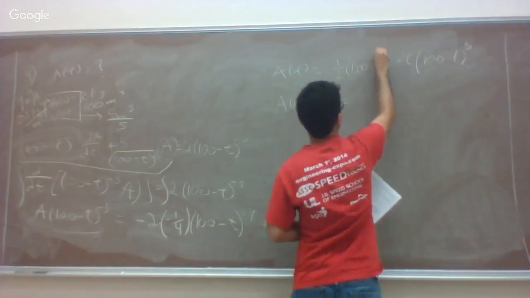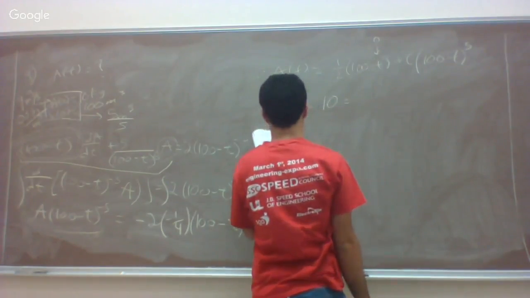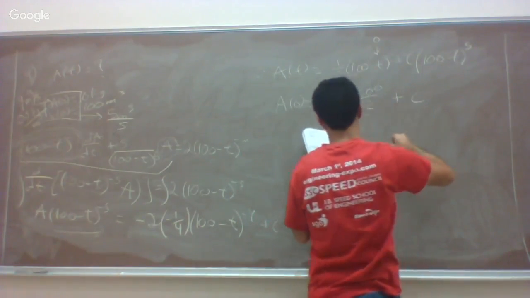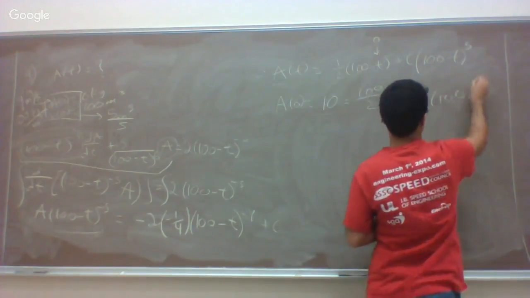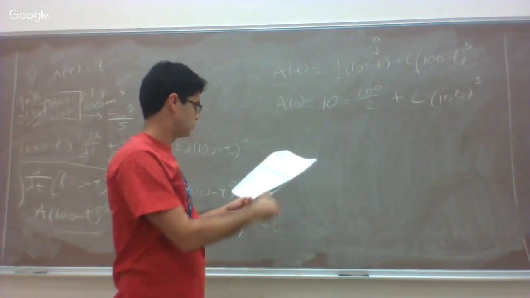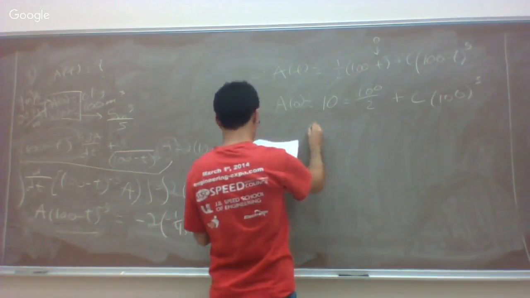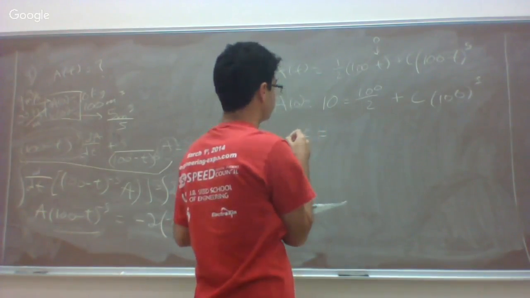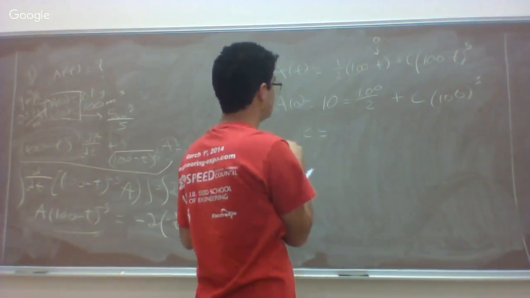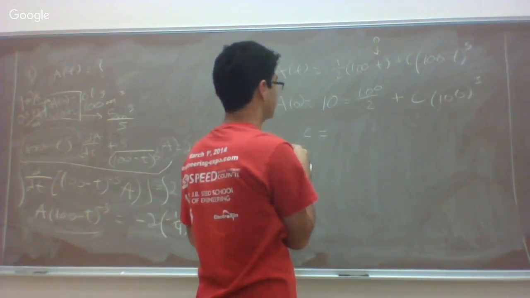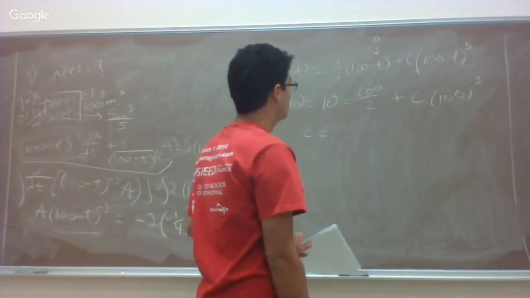So if I have a 0 here, I have 100 divided by a 2 plus c times 100 to the 5th power. So that c, let's see, is equal to, we divided by.